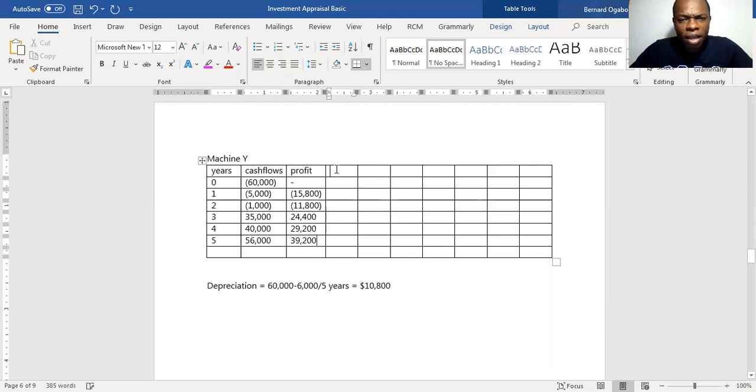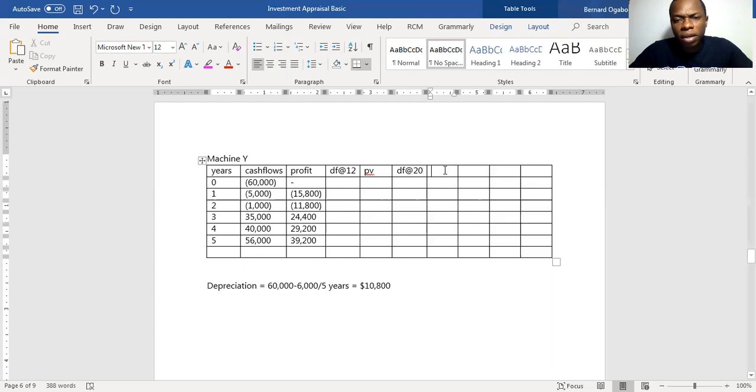Then I look for my discount factor at 12%. I look for my present value. I look for my discount factor at 20%.